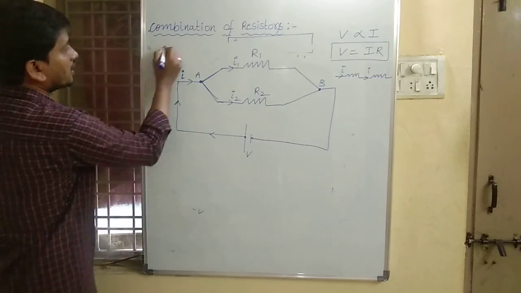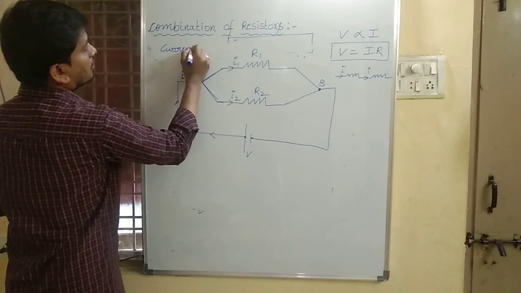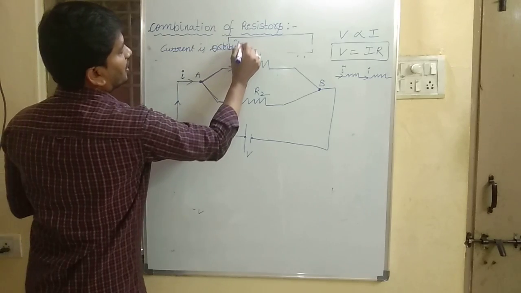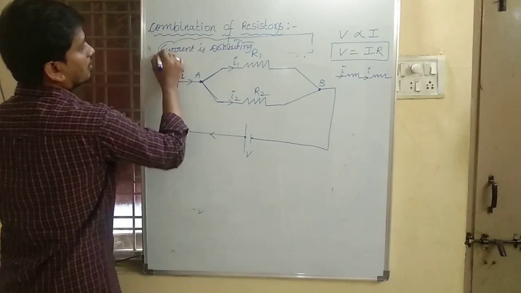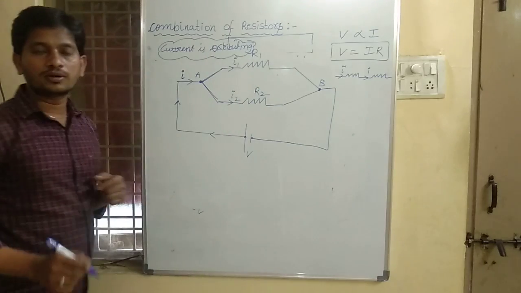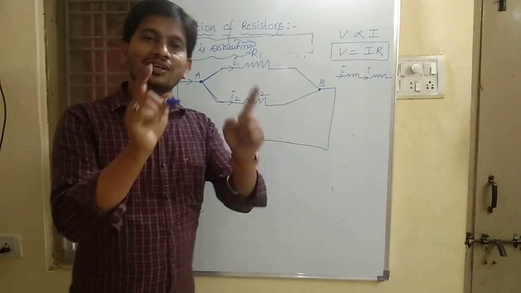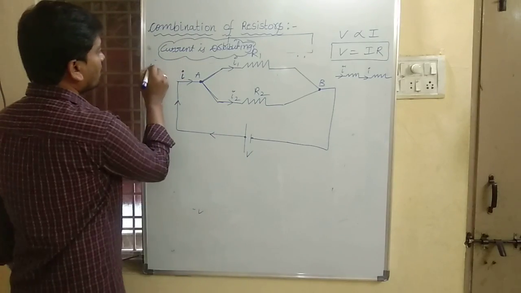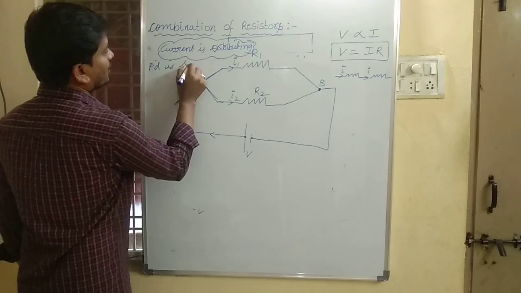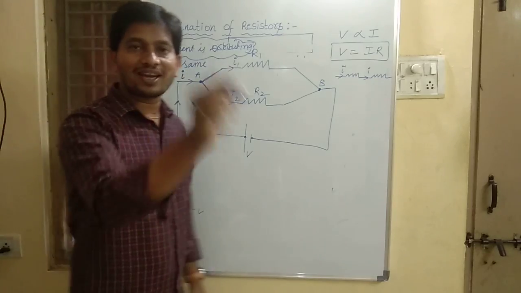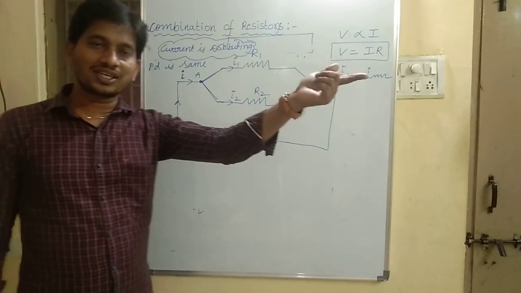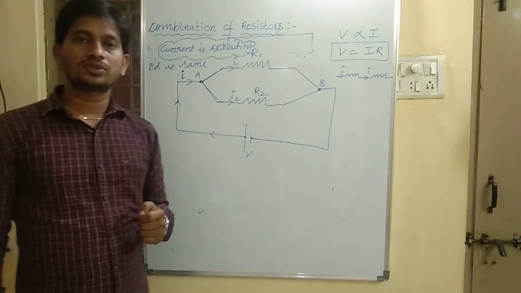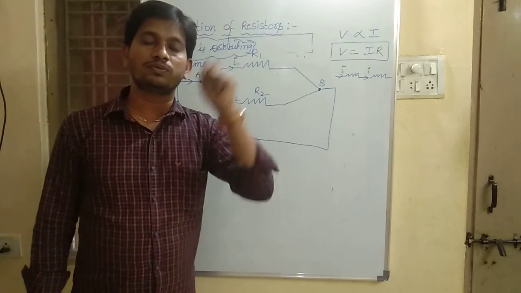So the important point is that current is distributing, but it maintains the same potential difference. Here PD is the same. That is the difference between series and parallel connection. In series connection, current is the same and potential difference is distributed. So there we wrote V equal to V1 plus V2.